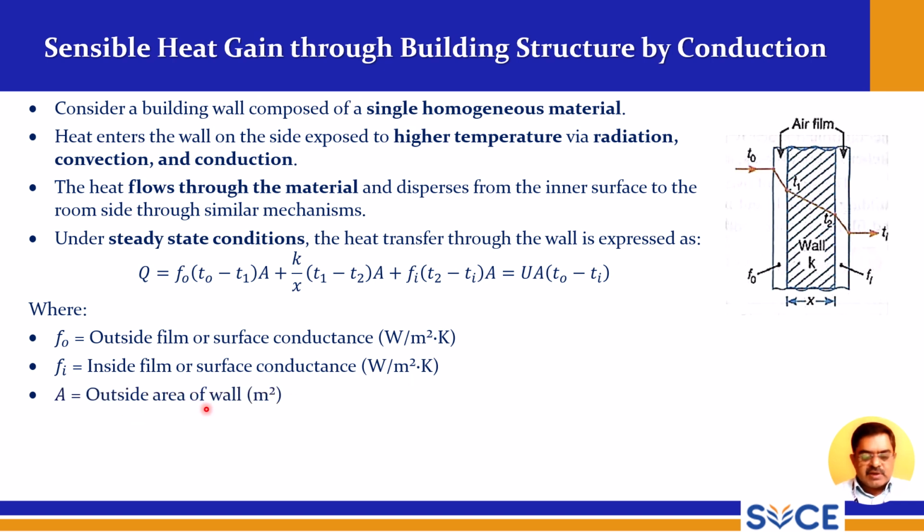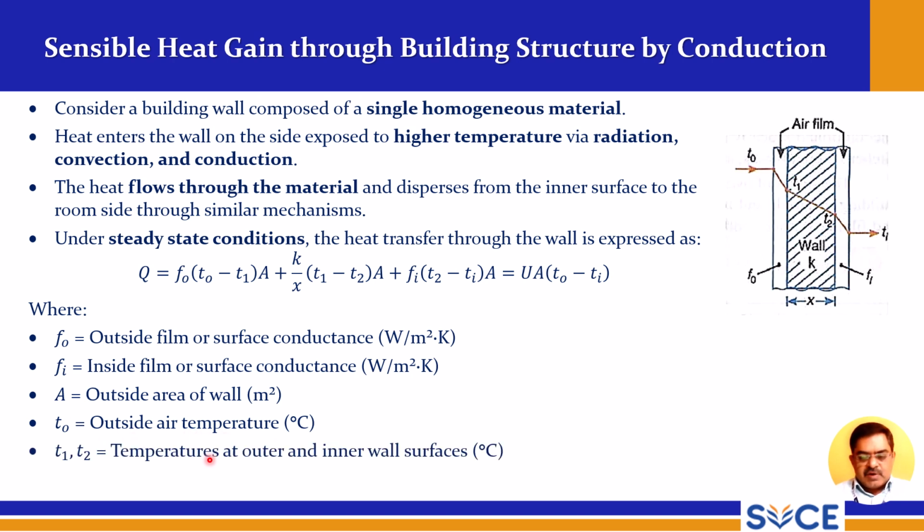A is the outside area of the wall in square meters. To is the outside air temperature, and T1 and T2 are temperatures at the outer and inner wall surfaces in degree Celsius, and Ti is the inside air temperature in degree Celsius. So this is the inside and this is the outside, and this is the wall. This separates both the air conditioned room as well as the outside environment.